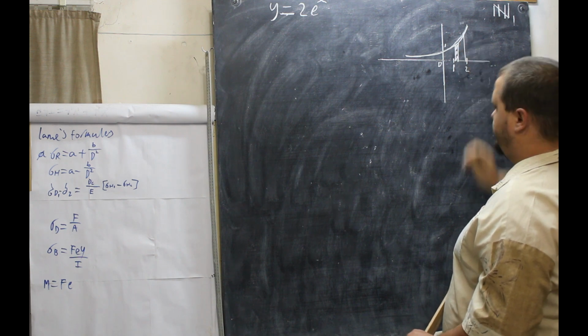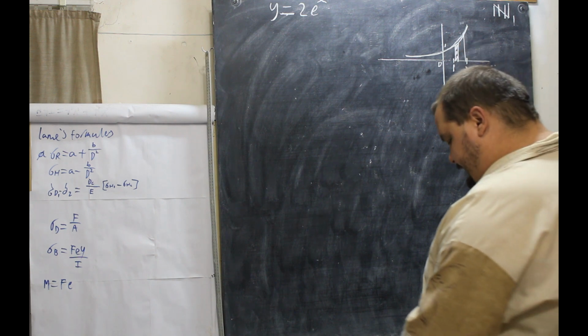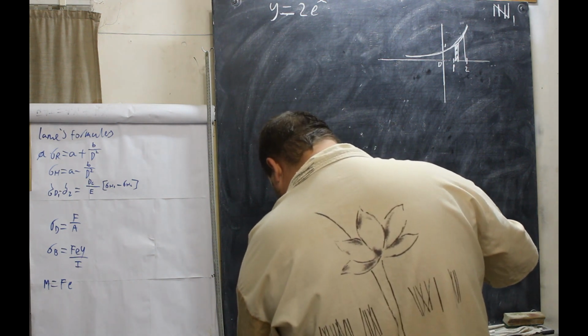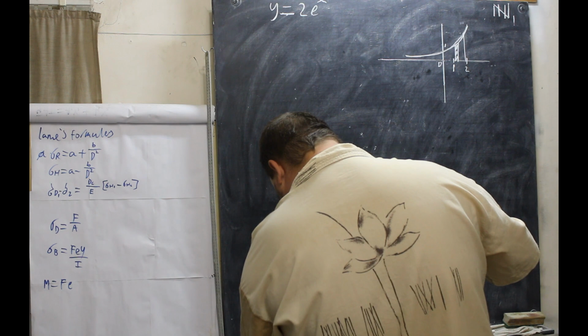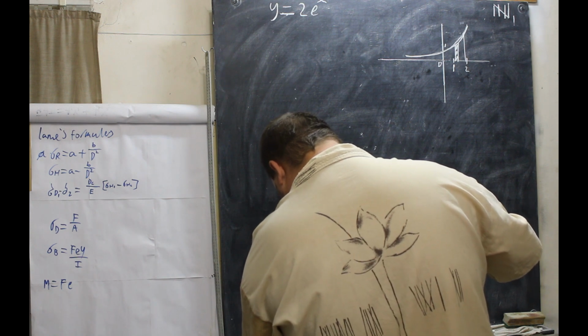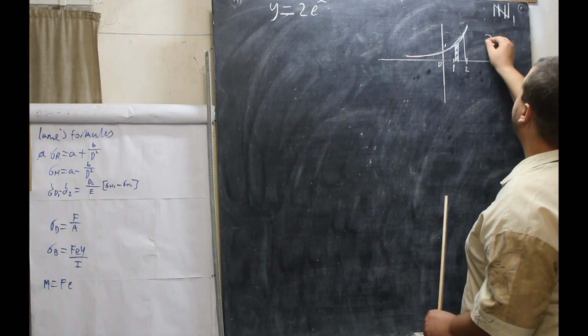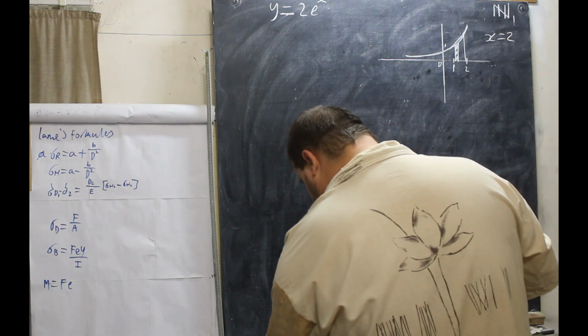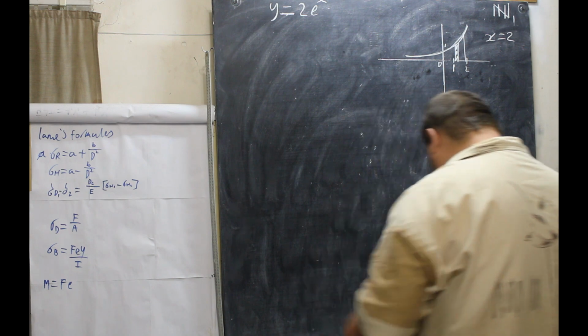What they want us to do is to calculate the volume generated when the area bounded by the graph, the x-axis, the y-axis, and the line x is equal to 2 is rotated about the x-axis.